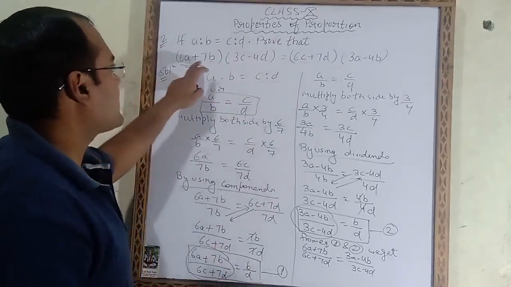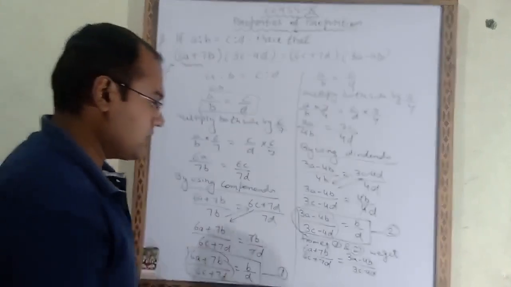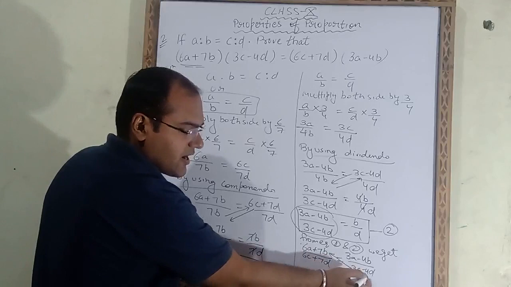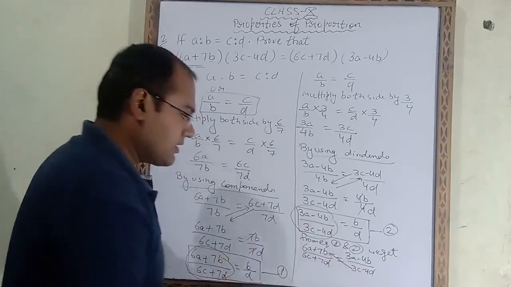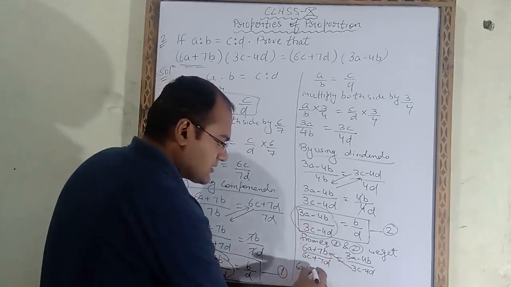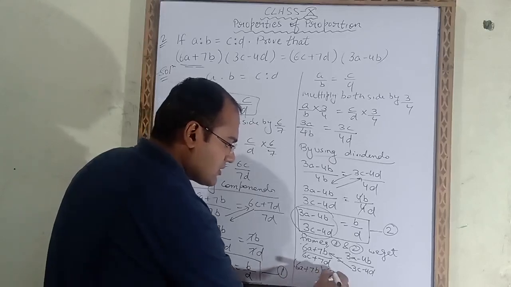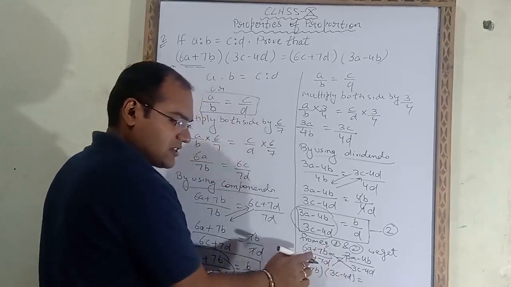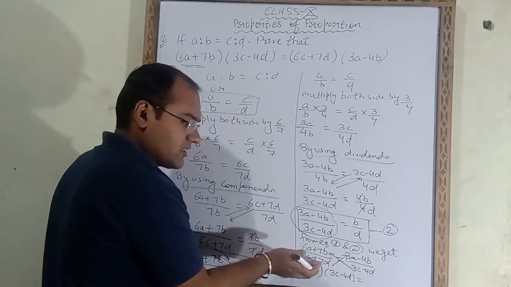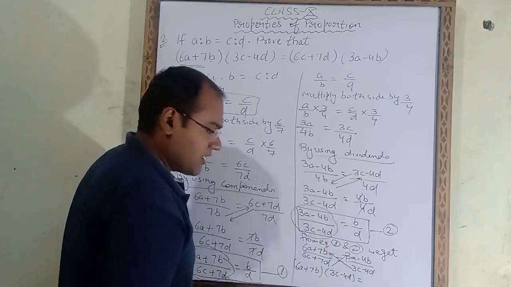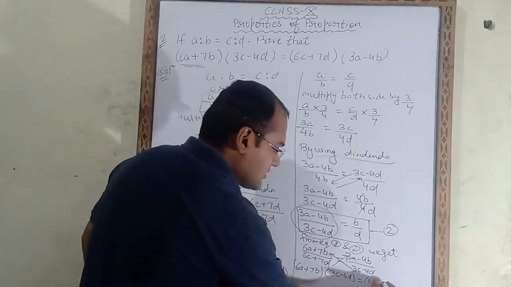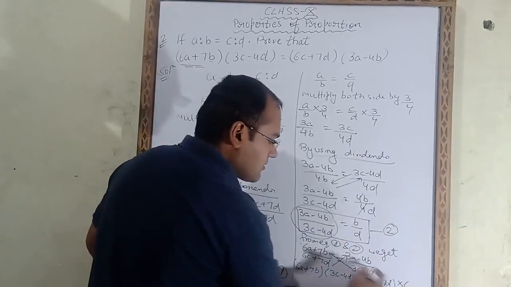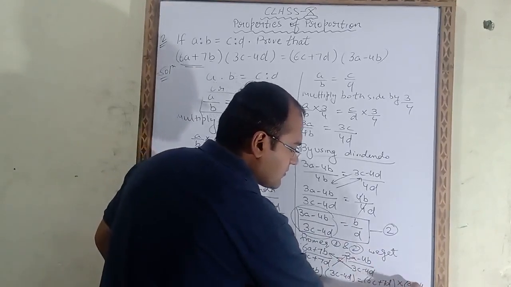You have to prove that (6a plus 7b) multiplied by (3c minus 4d). 6a plus 7b is here, 3c minus 4d is here. This term is in divide, so when we bring it here, it will come in multiply. So (6a plus 7b) into (3c minus 4d). In the same way, we will bring this term here. It is in divide, (6c plus 7d). When we bring this divide term here, it will come in multiply. That means (6c plus 7d) multiplied with (3a minus 4b).